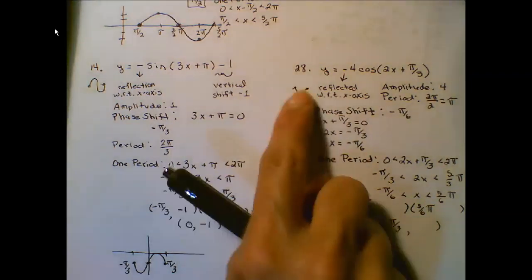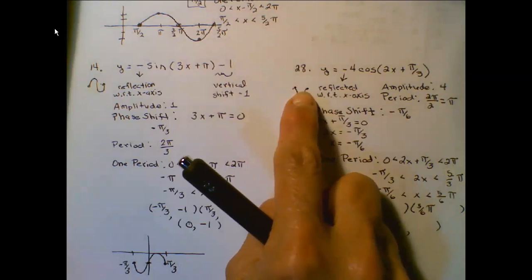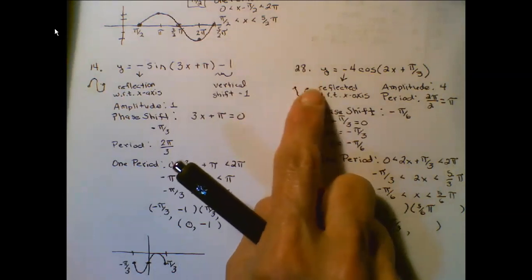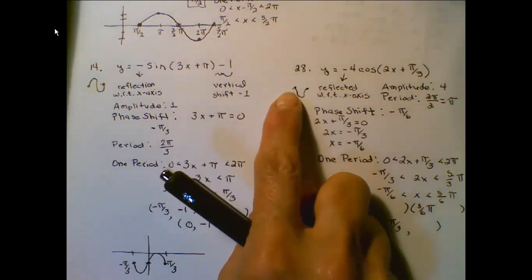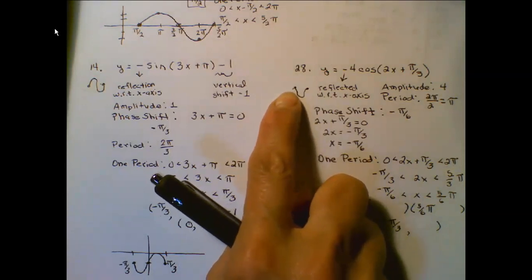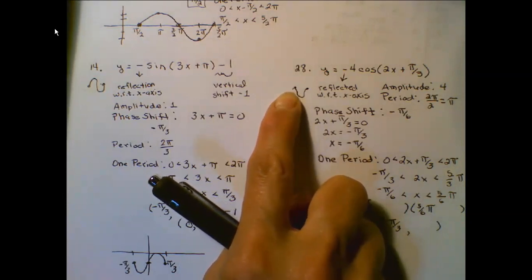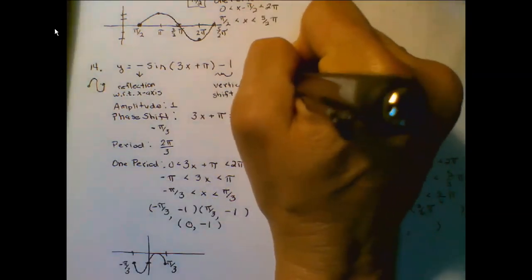Now, normally, what does cosine hit at its endpoints? What are these y values at its endpoints? Look at your cosine of 0, which is what? 1.